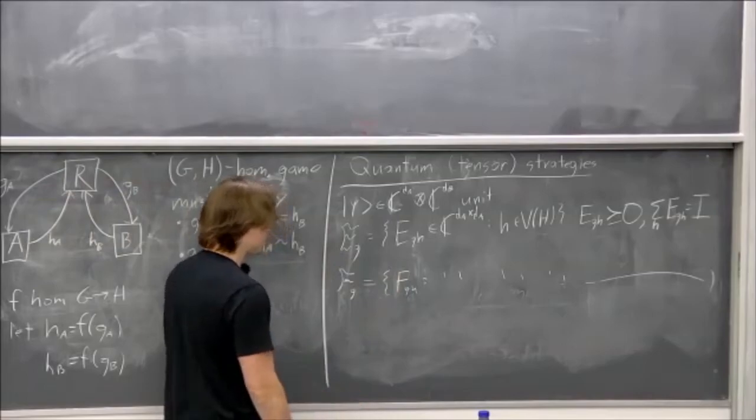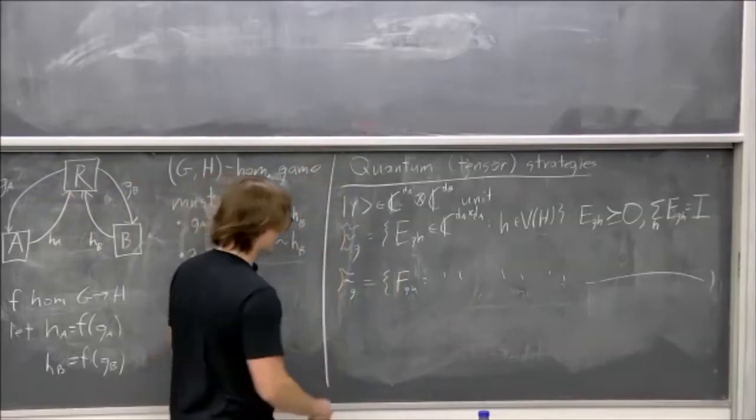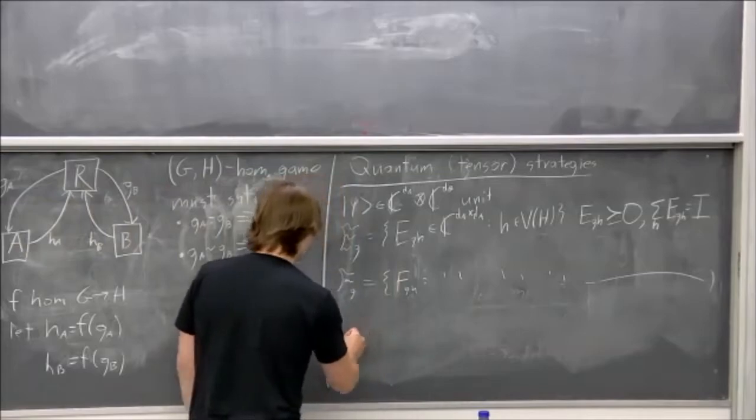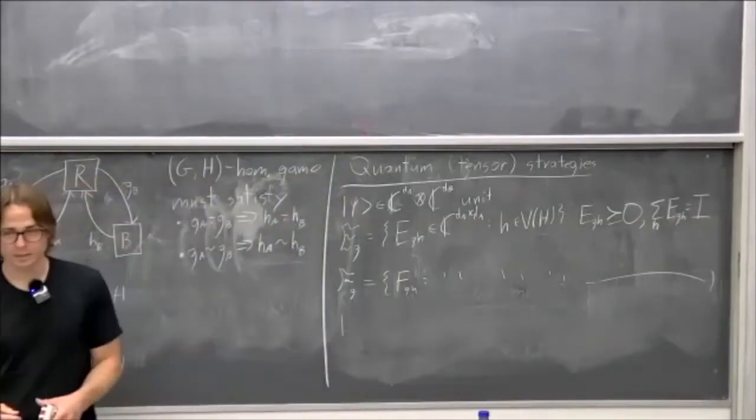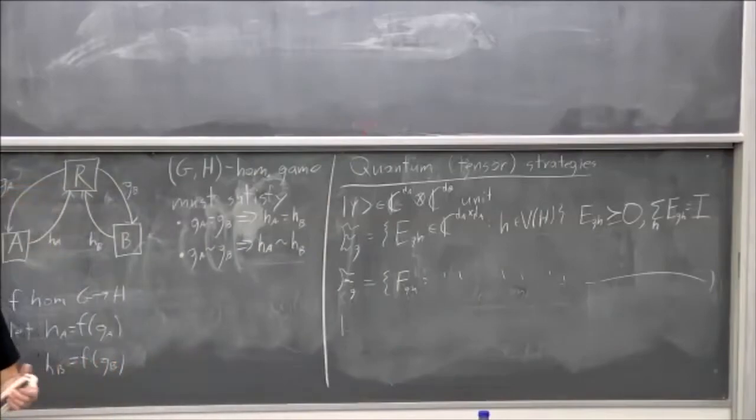Mathematically, okay, what's going to happen is that they're going to get some outcome, but it's not going to be a deterministic strategy. It's going to be some probabilistic strategy.